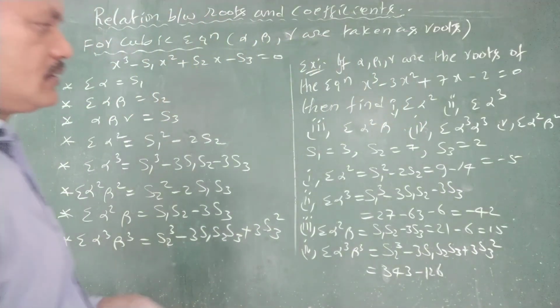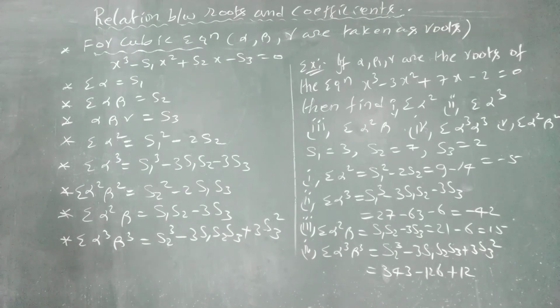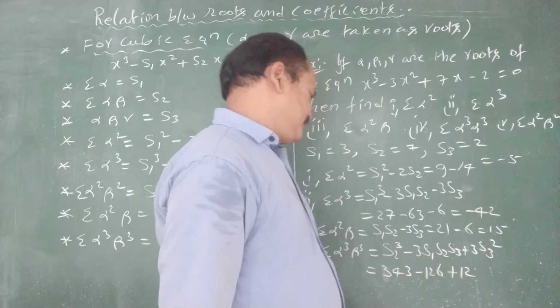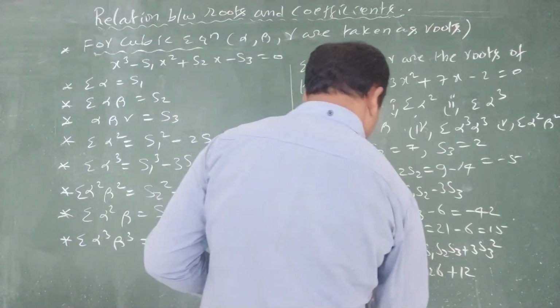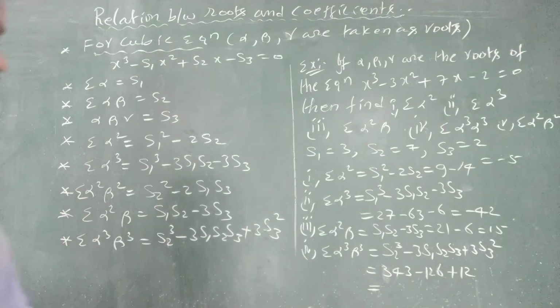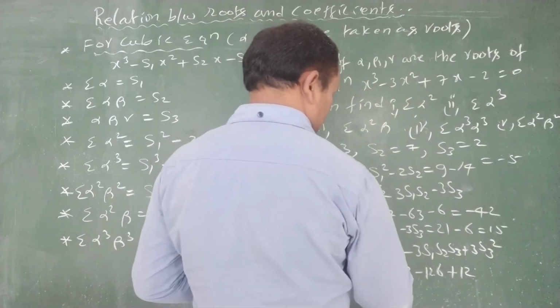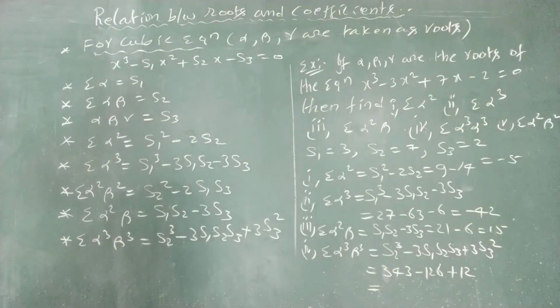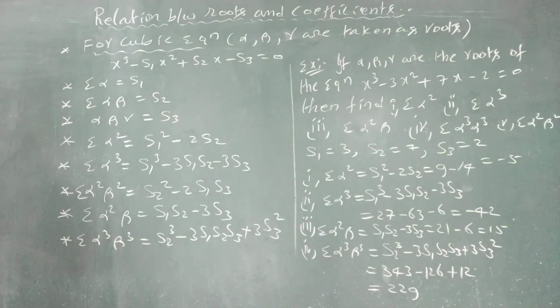Plus 3S3 square, that is 12. So 343 plus 12 is 355. 355 minus 126 is 229. So the answer is 229.